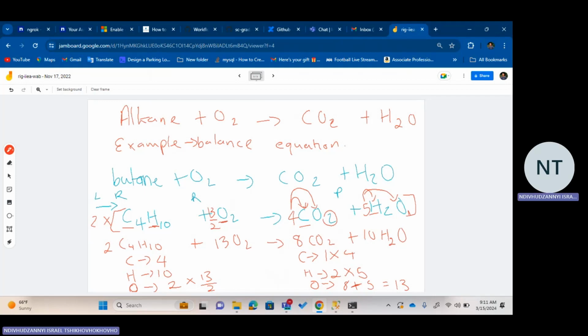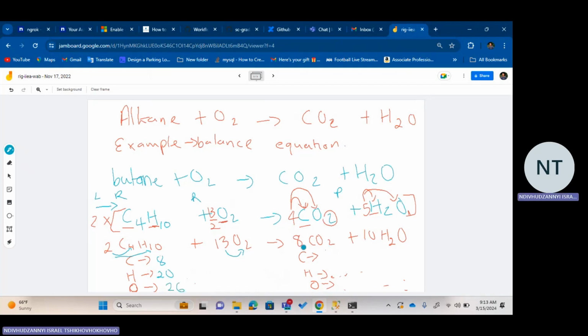We can double check, right? And see how many carbons we have, how many H atoms we have, and how many O atoms we have on both sides. Let's redo that. To verify if our equation is balanced, we say 2 times 4 is 8, 2 times 10, that's 20 for H, 13 times 2 for O, that's 26.